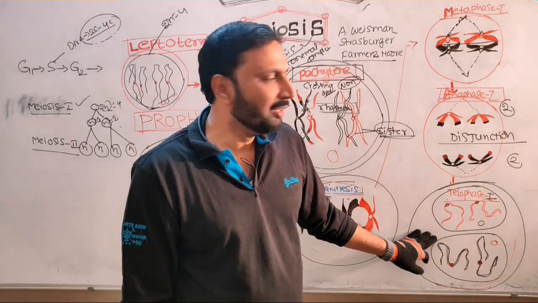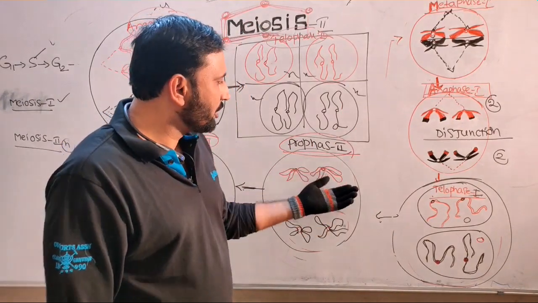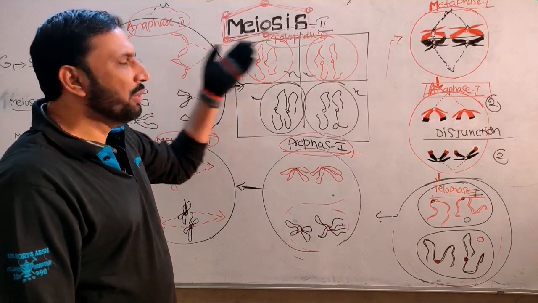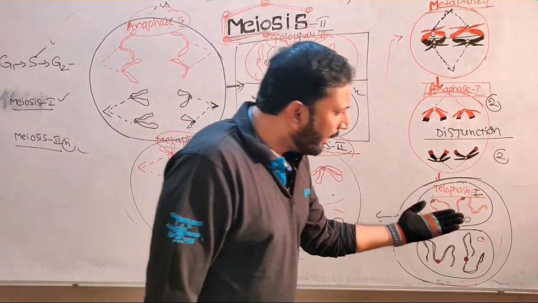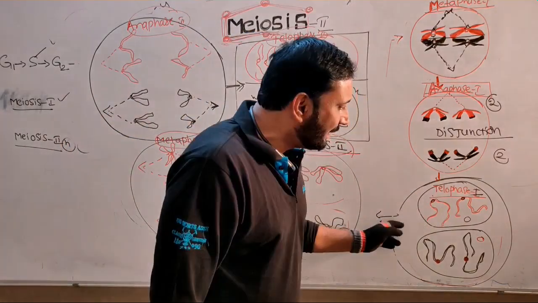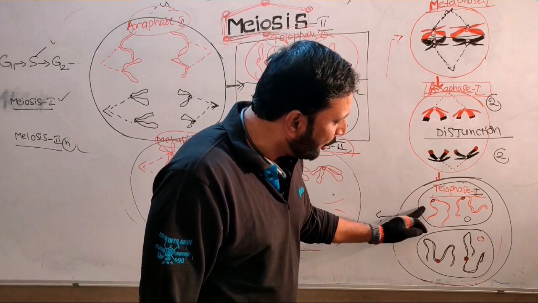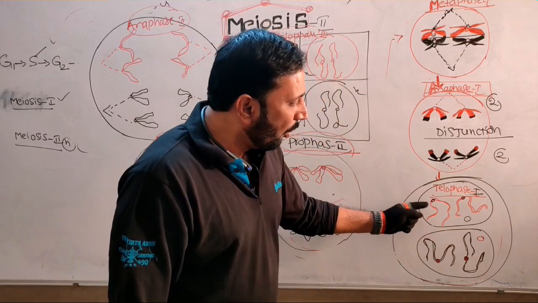So after meiosis 1, meiosis 2. In meiosis 2, you know prophase 2, metaphase 2, anaphase 2, telophase 2. These are the steps. At the end of telophase 1, each cell contains two haploid nuclei, with two chromosomes in each.